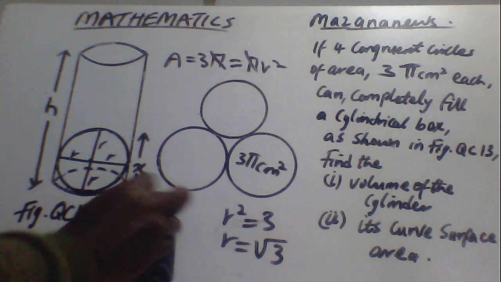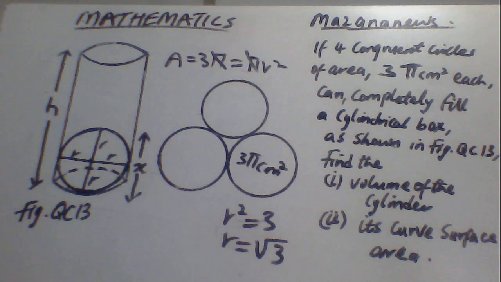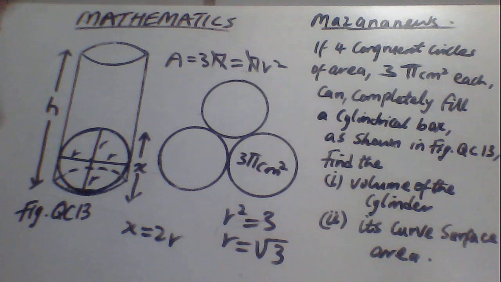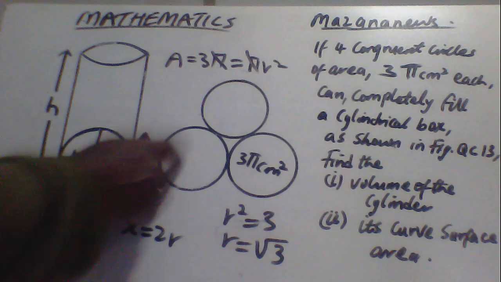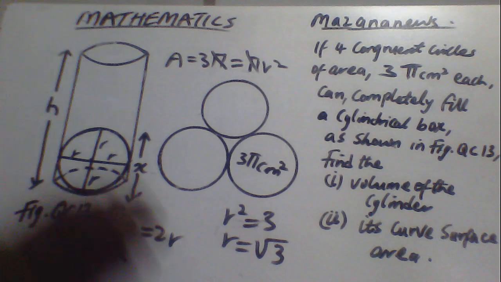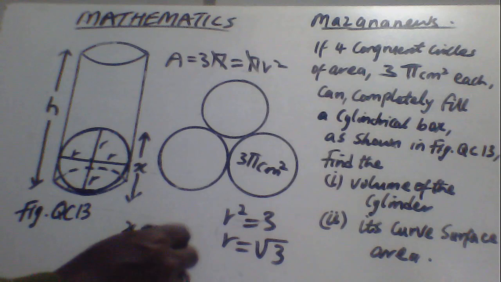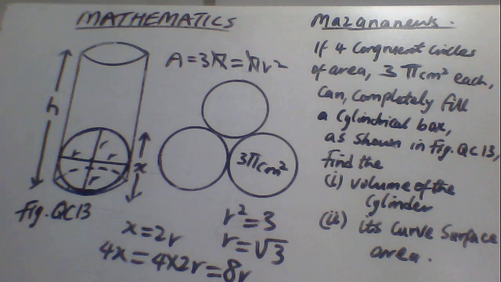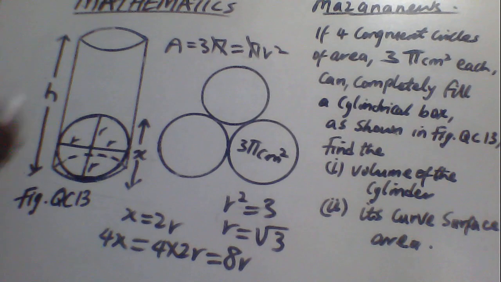Notice that x is equal to 2r for only one, which means there are 4 of them, 1 2 3 4, so multiply by 4 on both sides. You have that the height of the cylinder is equal to 8r, and that is equal to h.